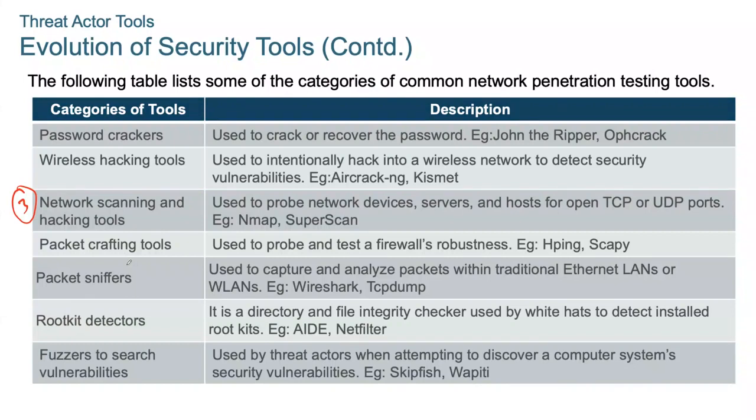For checking the ports of end devices or network devices, mainly network devices, whether they are open or not, we use tools. As we have seen, there are different port numbers, like port 20 for one service, 21 for one service, 22 for one service, 23, and for HTTP some port numbers. To check whether those port numbers are open or closed, the famous Linux based tools are Nmap and Superscan.